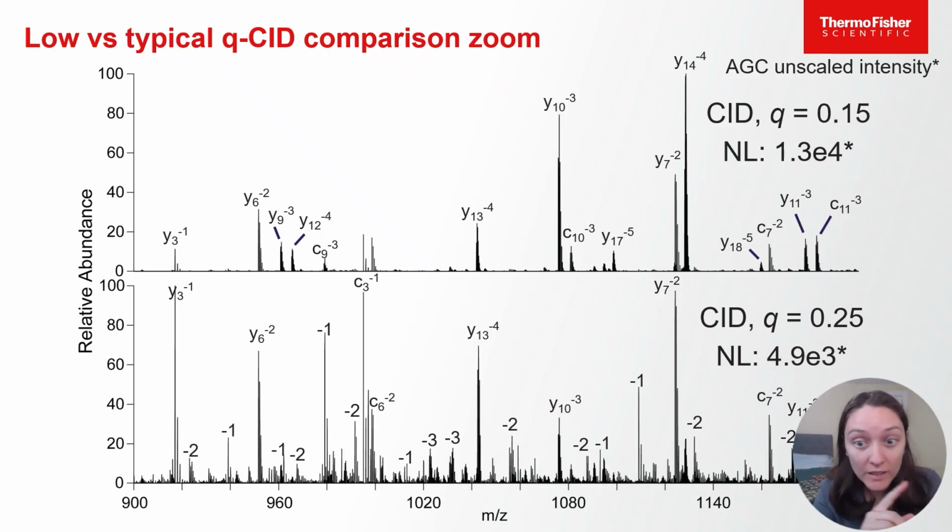When we zoom in, we can compare the low Q CID on the top spectrum to the normal higher Q CID on the bottom, and we can see substantially larger charge states, indicating that we aren't causing multiple generations of dissociation, like in any of the other conditions like HCD or normal CID that I've been showing before. In fact, all the abundant peaks that are shown on the top spectrum have been able to be labeled as C or Y ions, and there's almost no other competing ions.